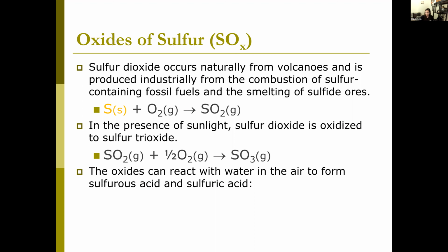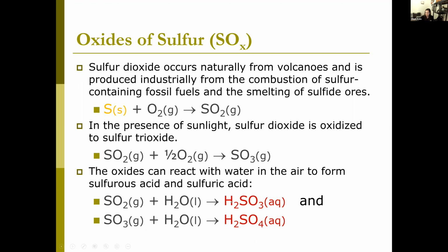The sulfur trioxide is more of the problem. We also can have the SO2 reacting with water to form sulfurous acid. And then the more dangerous one, because it's a strong acid, the SO3 can react with water to form sulfuric acid.